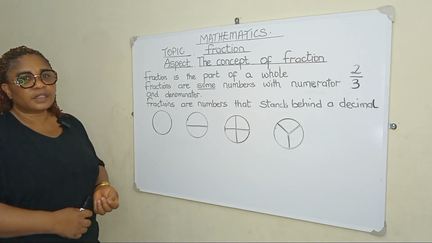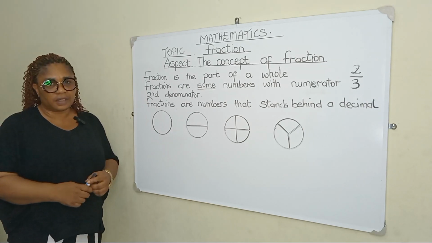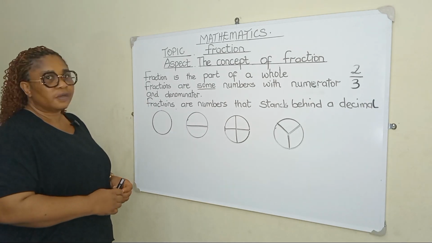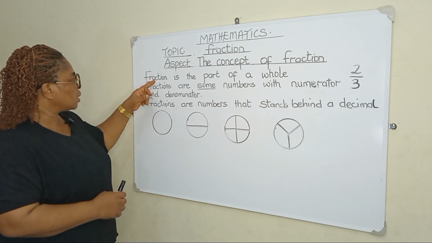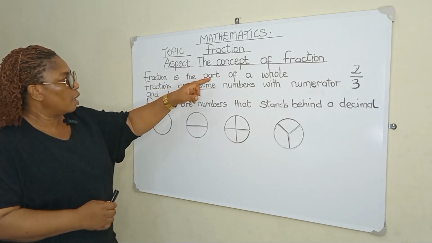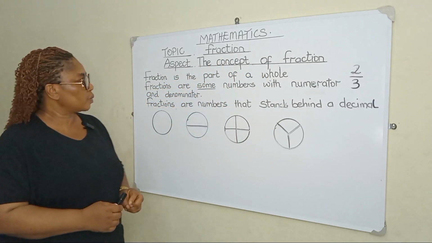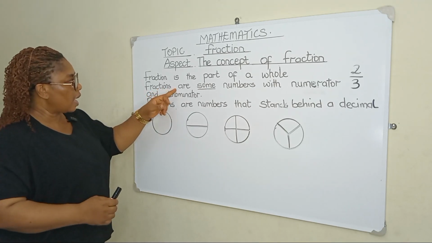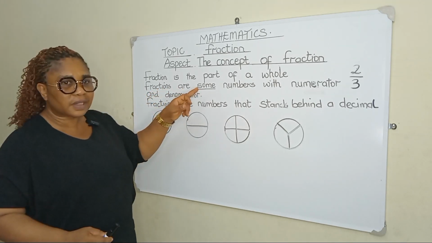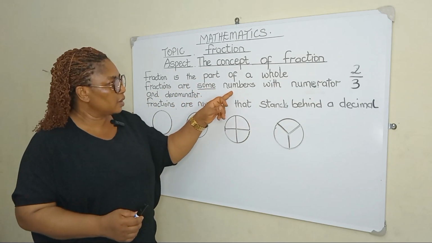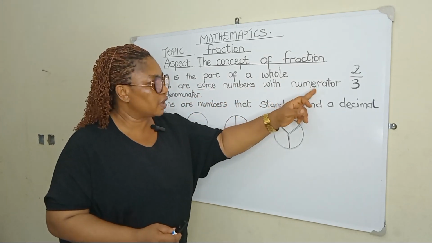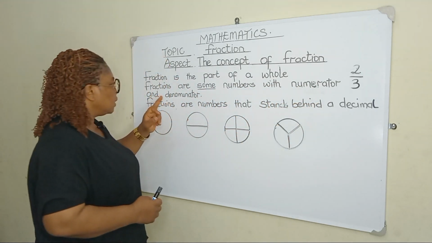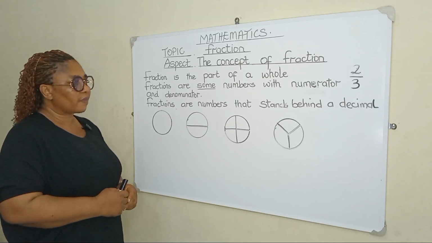Okay, let's go on with our definitions on the board. The first one is fraction is the part of a whole. Number two, fractions are some numbers with numerator and denominator.